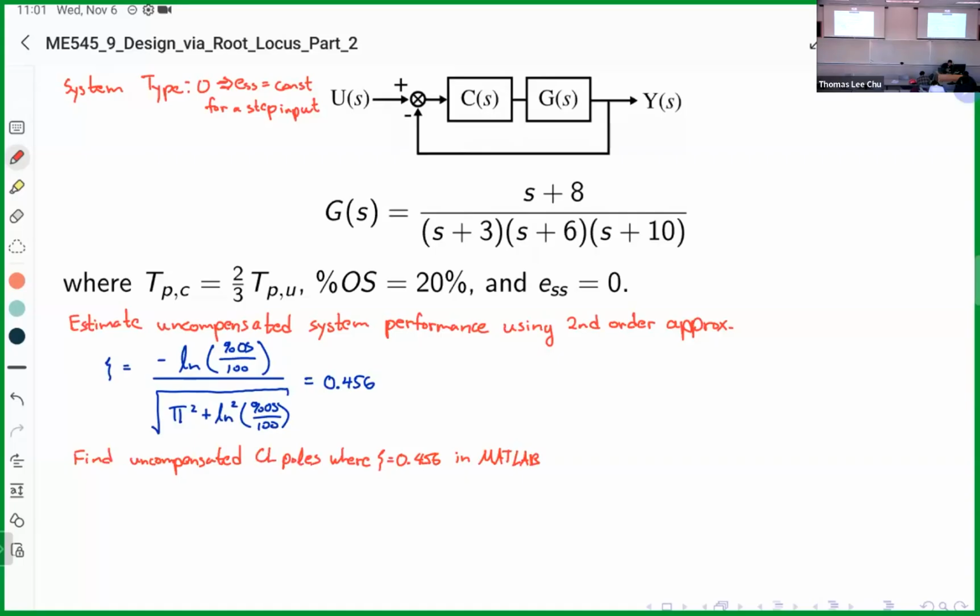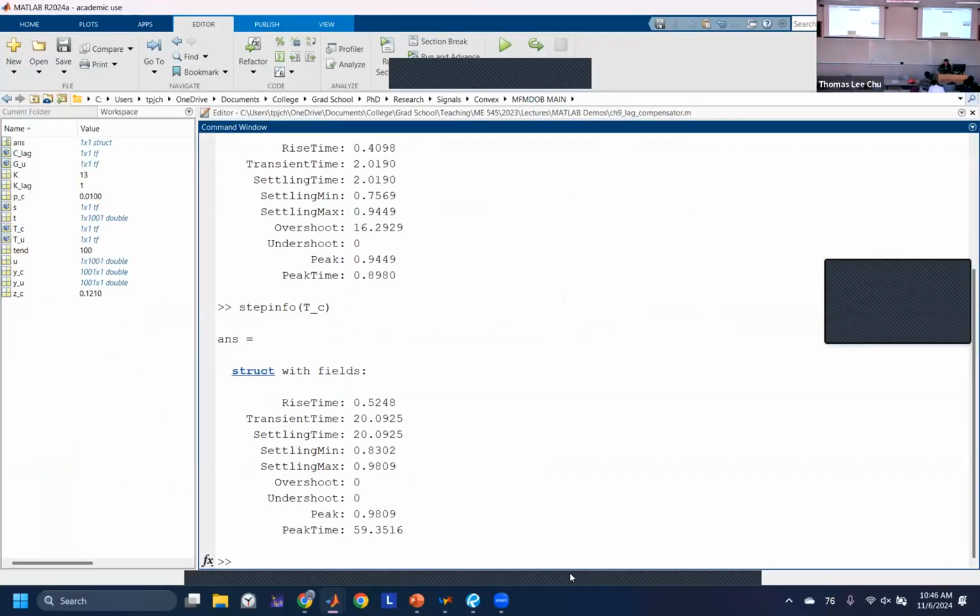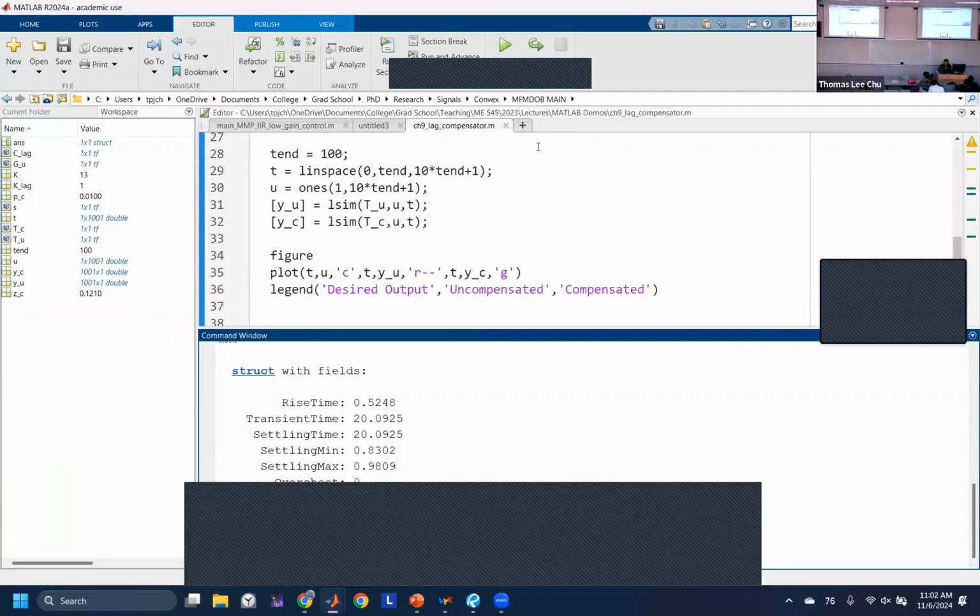I'm not exactly sure if there's a UI that allows you to click and choose points along the locus. So what we're going to do is use the command rlocus of G. We're going to do that right now, real quick. I'll do it live, in the command window.